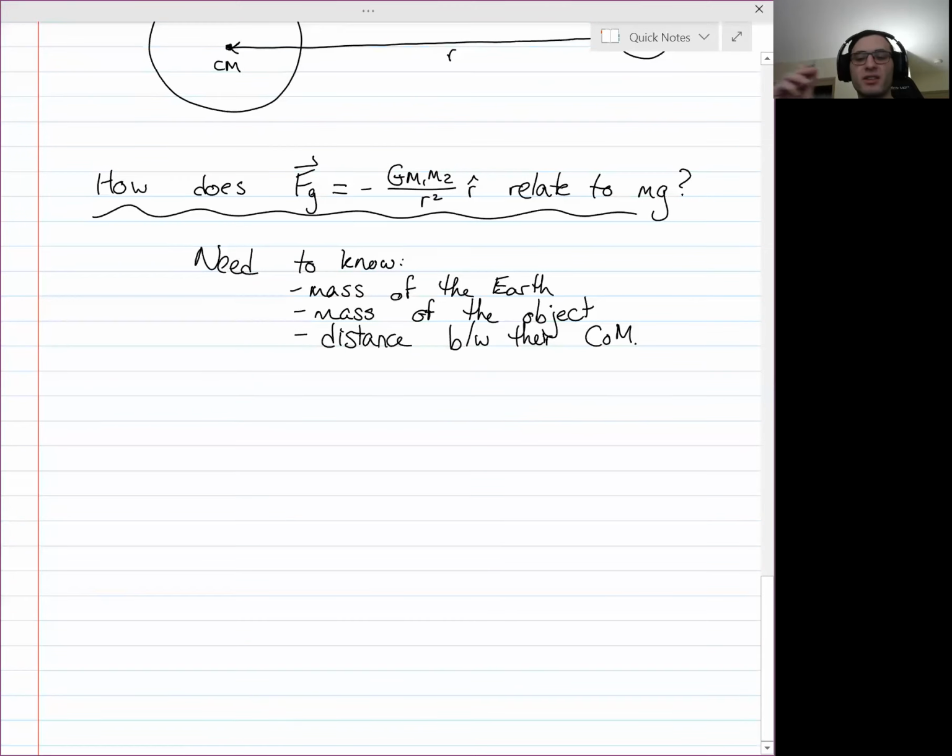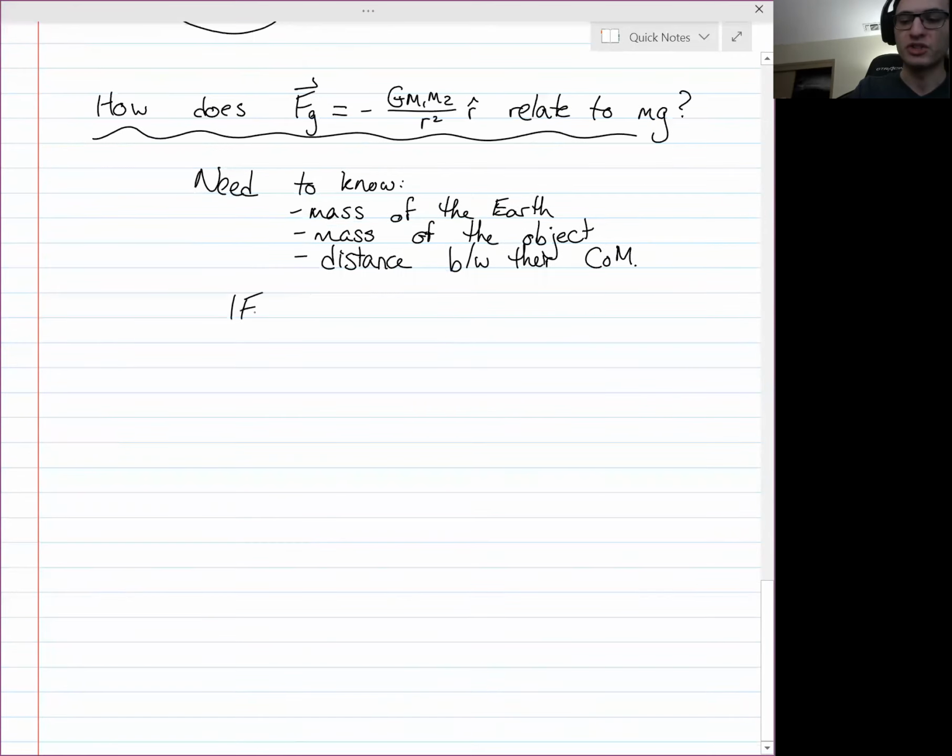So in fact, it's sufficient to just say the distance from the center of mass of the Earth to some point on the object, because the object is very, very small relative to that distance. So our magnitude, which is what this mg represents, would be G times the mass of the Earth times the mass of the object divided by this r squared. And so you might wonder how you get mg from this. Well, let me write a header.